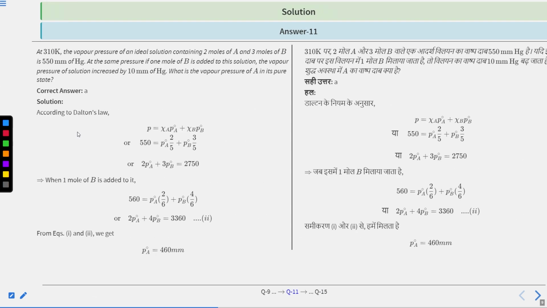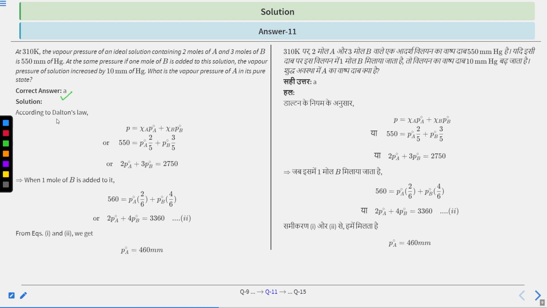Okay, so the correct answer will be option A. So we know that according to Dalton's law, the total pressure is equal to the sum of the vapor pressures of the pure solvent and solute multiplied by their mole fractions.